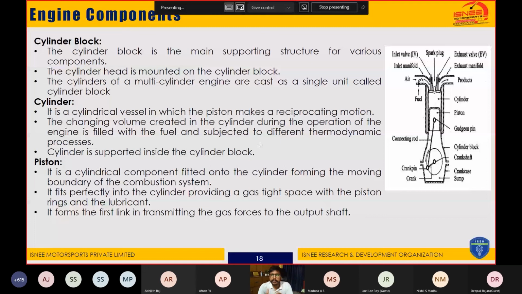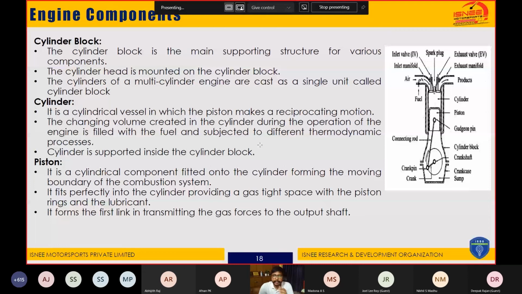What are the processes or cycles basically? In other words, we say strokes. So the cylinder is supported inside the cylinder block, as I said earlier also. Inside the cylinder block, there is the cylinder and it is a press fit, that is, not very easy to remove. So what is the piston?